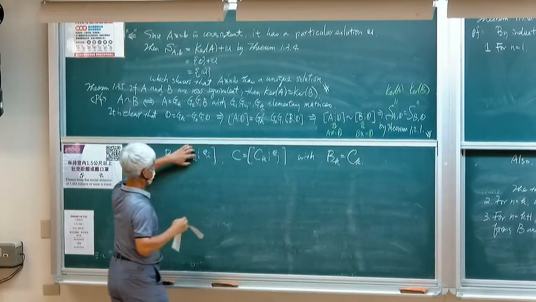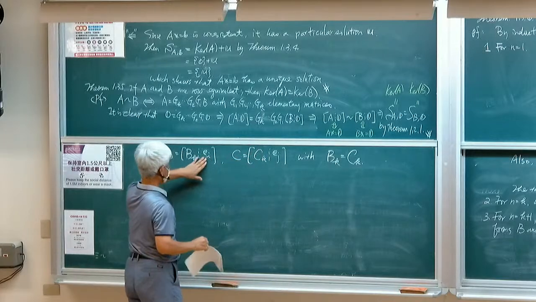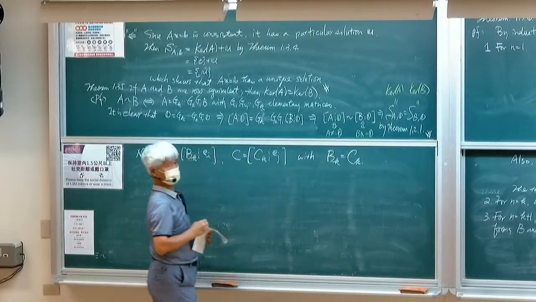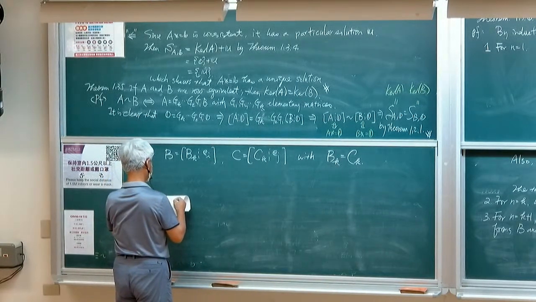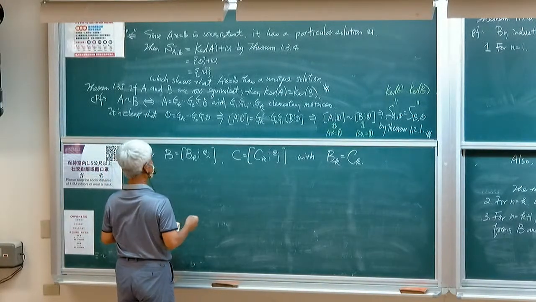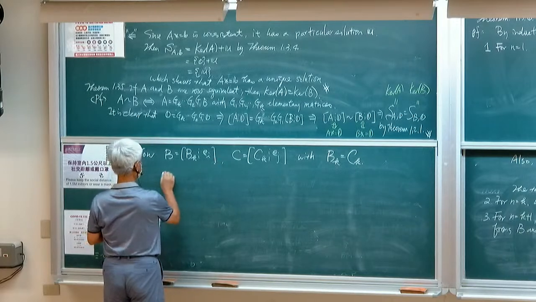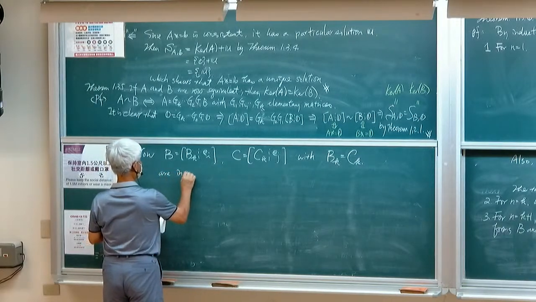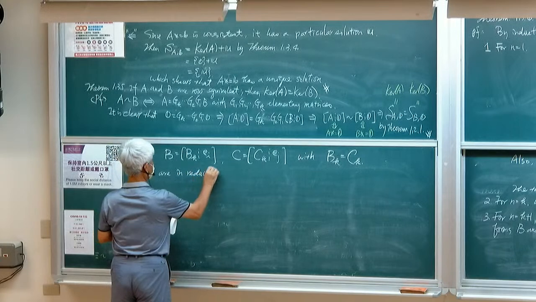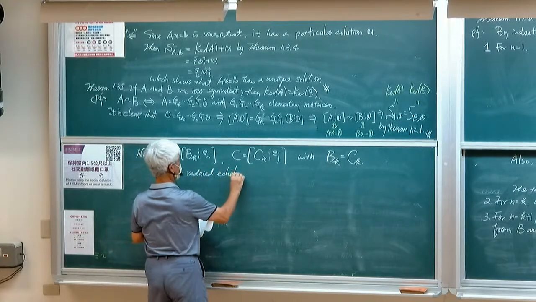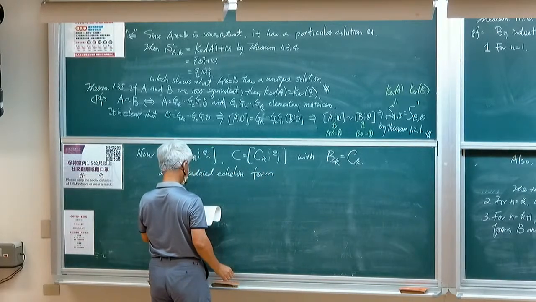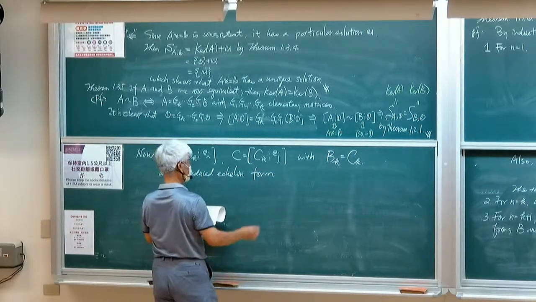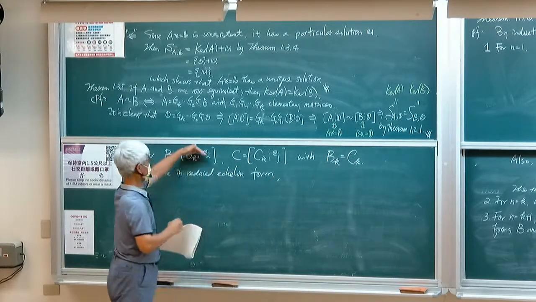So we know B_k is equal to C_k, and e_i is e_j. All right, and they are in reduced echelon form.